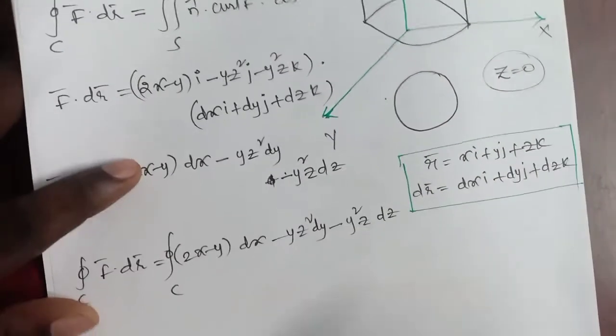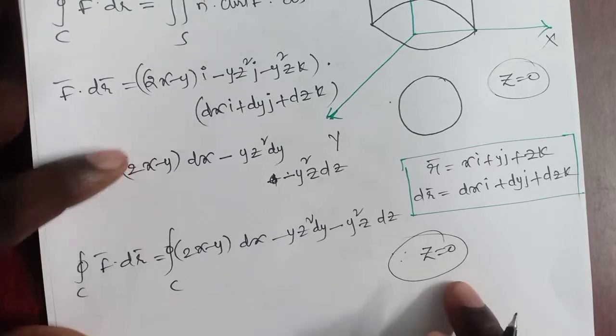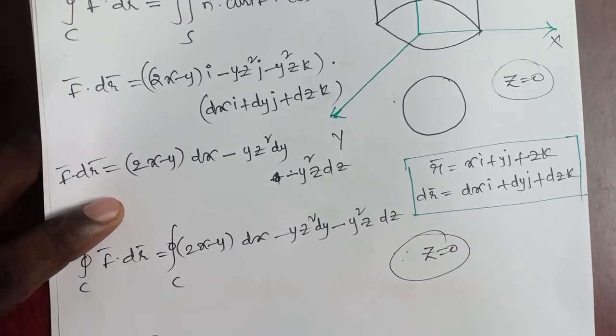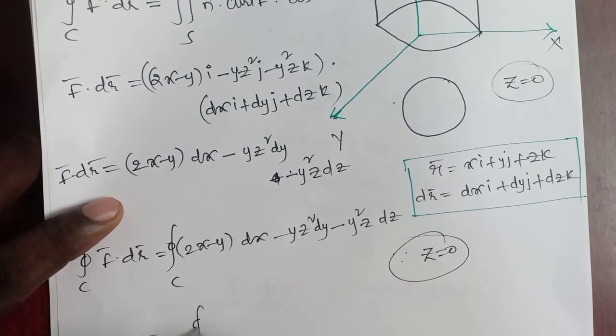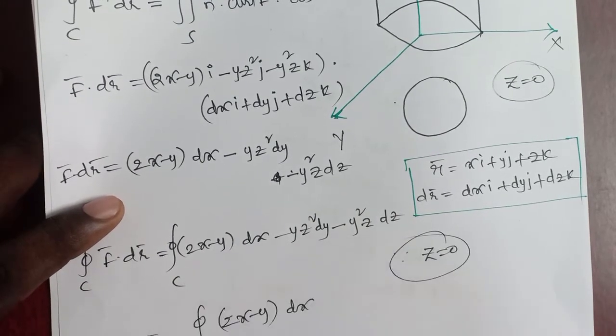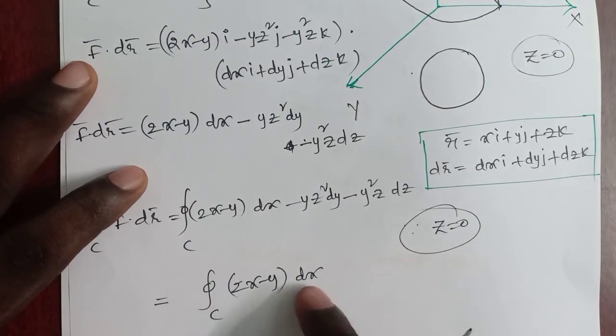Since z is 0 because of the projection on the xy plane, the line integral along the curve C is of (2x minus y) dx only. Why, because here z is 0, and dz is 0. Since both of these are 0, it is (2x minus y) dx only.